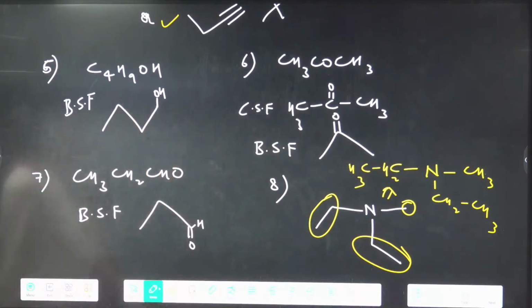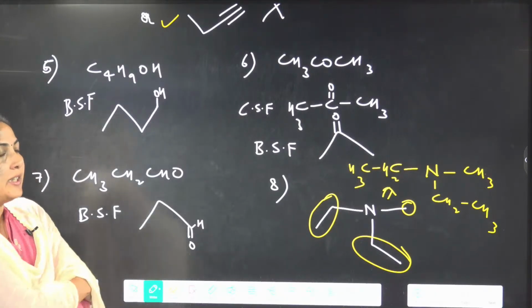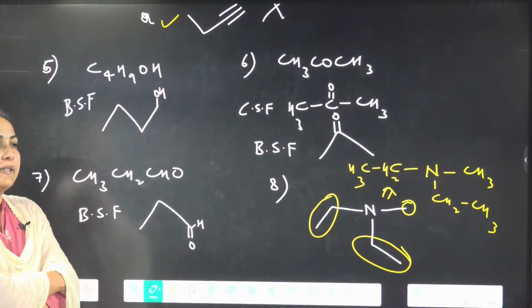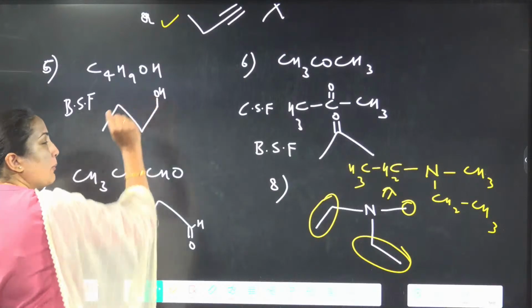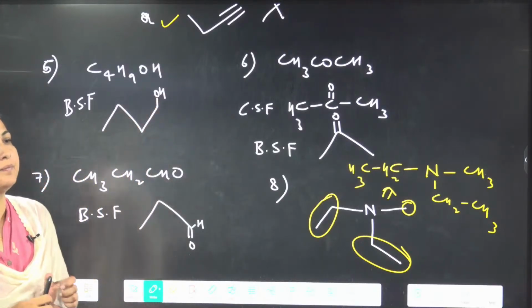So you should be able to read all those things here. Are we done? Can we proceed further? So other than hydrogen, if there is any heteroatom, we are going to show it, just by a small extension over there.